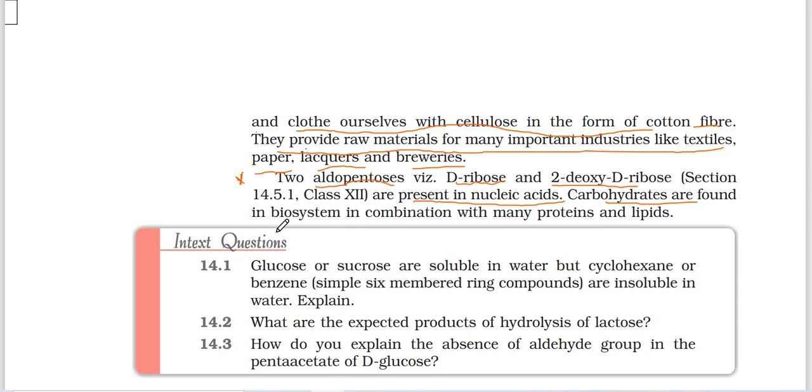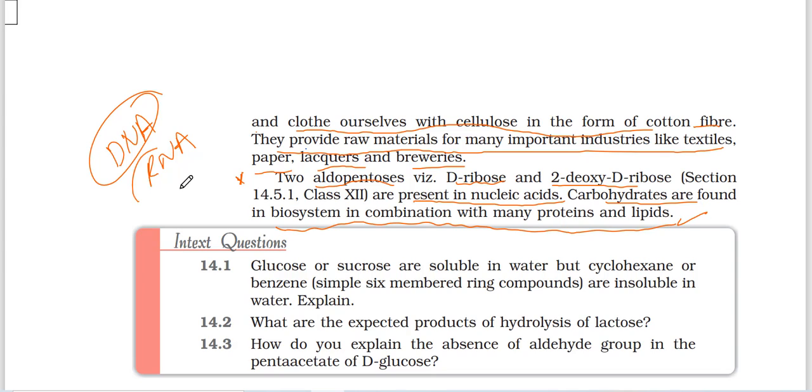Carbohydrates are found in biosystems in combination with many proteins and lipids. See, in this chapter we will discuss about nucleic acids also. In nucleic acids, DNA and RNA, okay, in that also it will come again. Pentose sugar we are using in that. D-ribose and deoxyribose. In DNA, deoxyribose is there. In RNA, ribose is there.